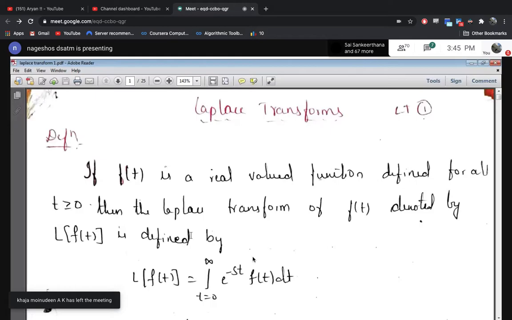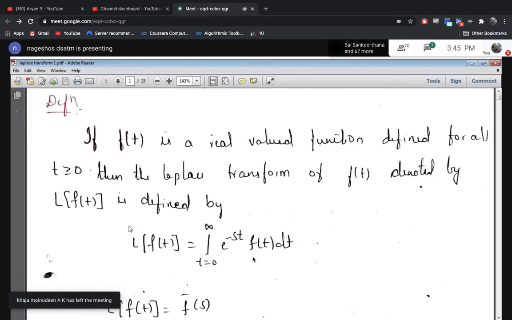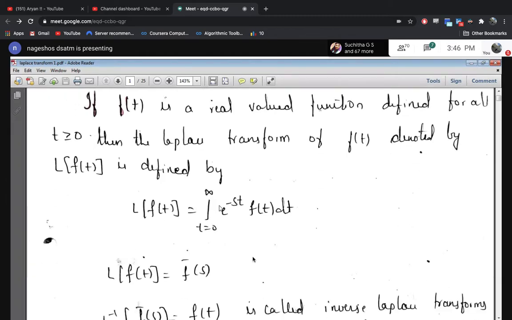So, Laplace transform. This is the basic definition: L of f of t equals the integral from 0 to infinity of e power minus st f of t dt. This is the definition of Laplace transform.